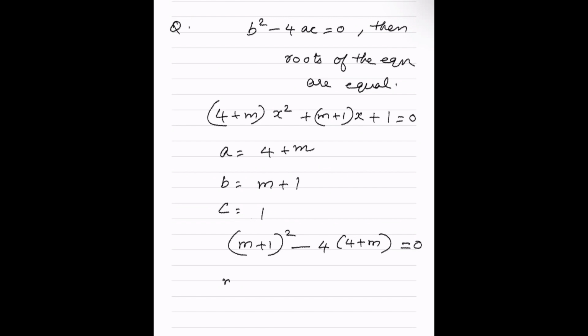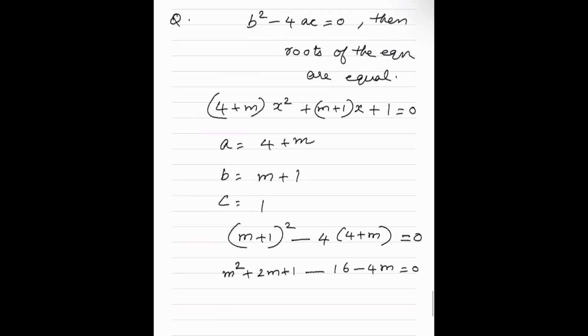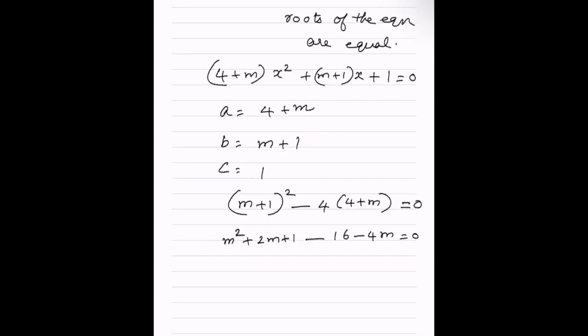So this gives you m square plus 2m plus 1 minus 16 minus 4m equal to 0, which is m square minus 2m minus 15 equal to 0. This is what I am getting.